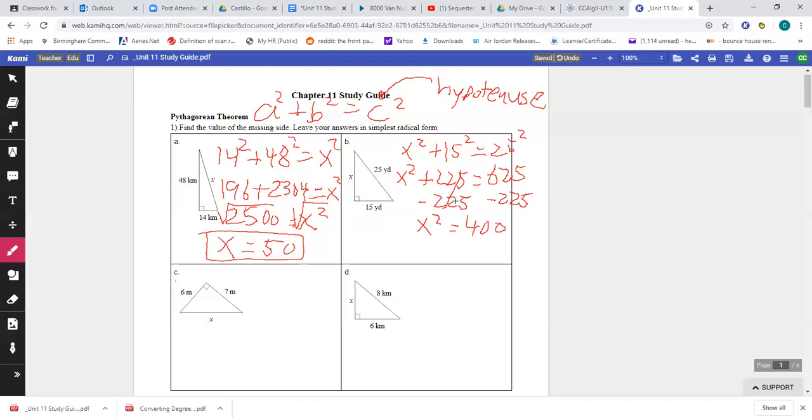And then so once again, you're going to do the same thing. Just go on your calculator, and if you have an iPhone, 400, and then you press the square root button. Or if you have a regular calculator or an Android, you press square root 400, and you should get that x is equal to 20. Any questions there?